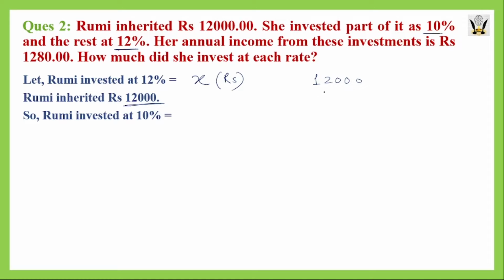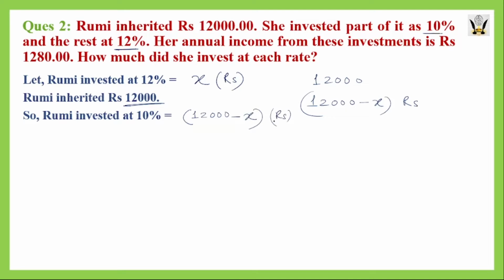So when she invested X amount at 12% interest, the remaining amount will be 12,000 minus X, and that amount will be invested at the rate of 10%, because there are only two rates of interest that she invested at.